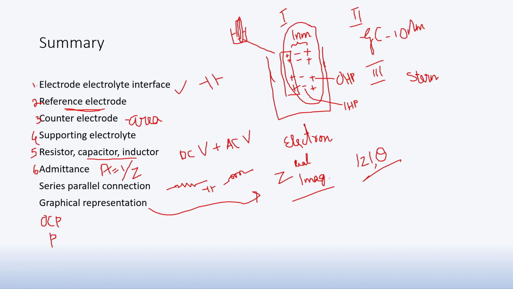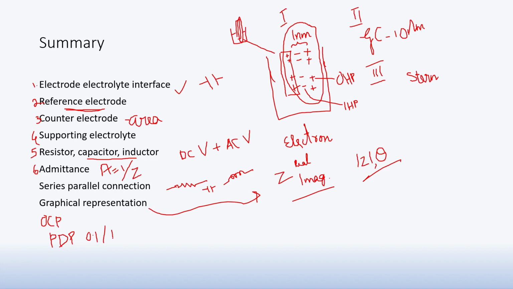Then after that, you learned PDP. PDP is where you're applying a potential, usually over the range of plus or minus 250 millivolt, at a slow scan rate of 0.1 millivolt per second, or maximum 1 millivolt per second.